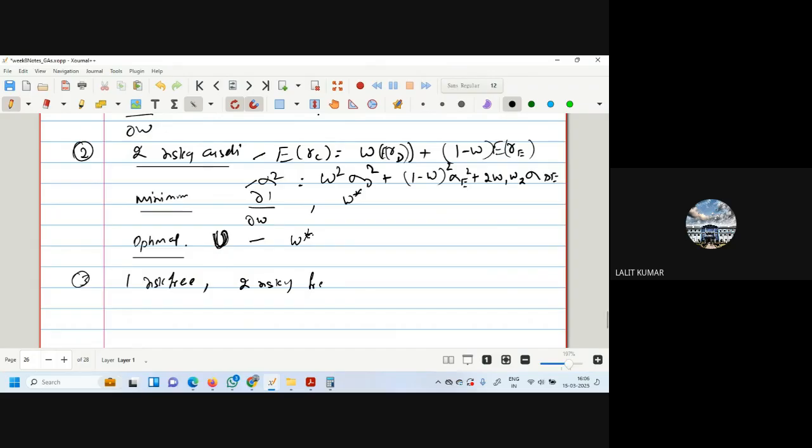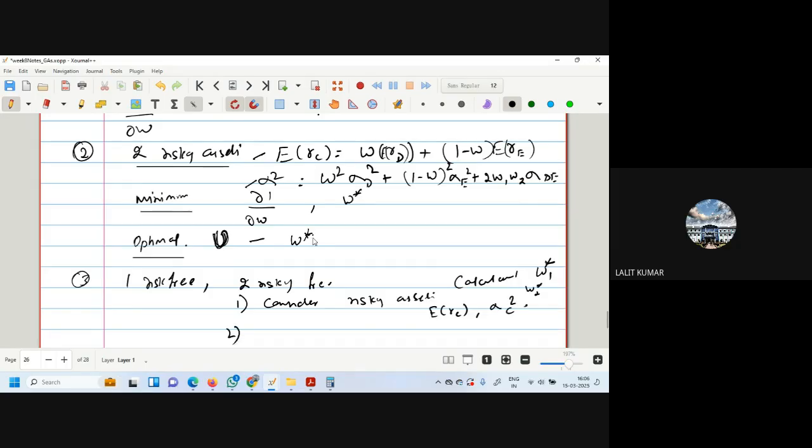So in this, the steps are: consider only two risky assets. Calculate their weights, W1 star and W2 star, then find ERC, find sigma C square.